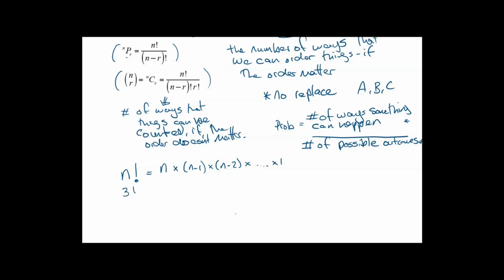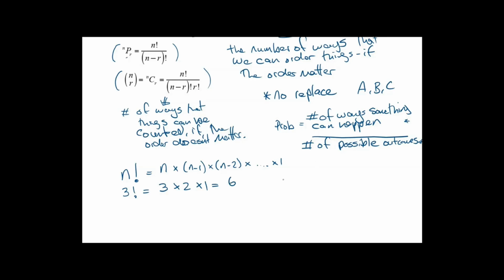So 3 factorial would be 3 times 2 times 1, and the 1 is a bit superfluous, and we stop. So 3 times 2 times 1 is, of course, 6.